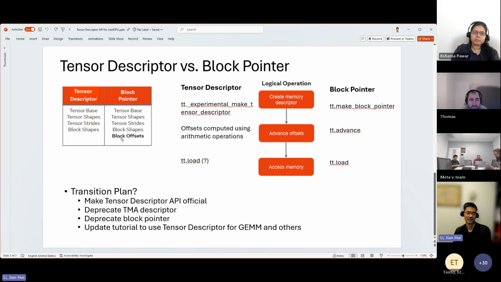We could also make this tensor descriptor include this block offset. What's really wrong with this block pointer programming model? It appears to me that if you have this offset as the initial offset, then you advance, you always use advance. It just tells you more cleanly how this block is moving.